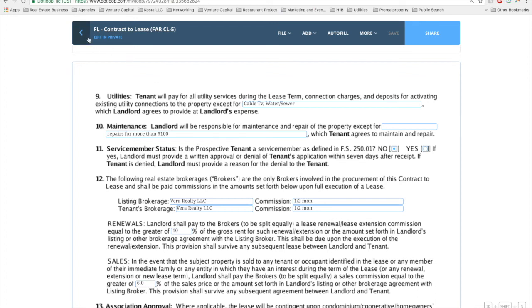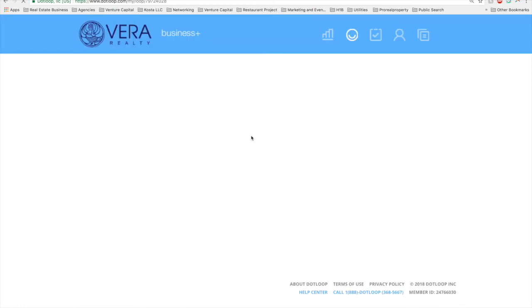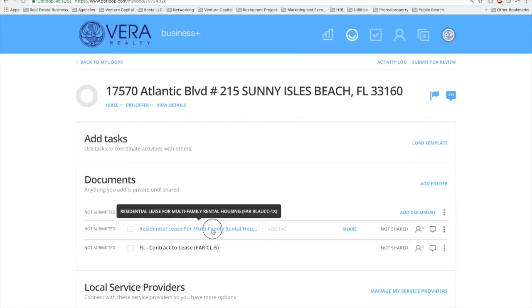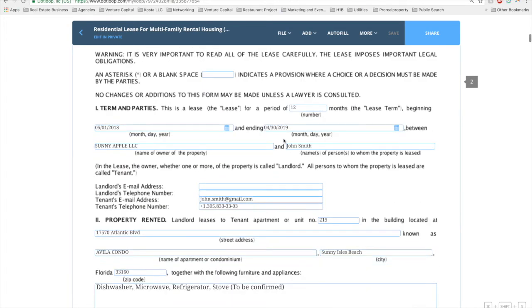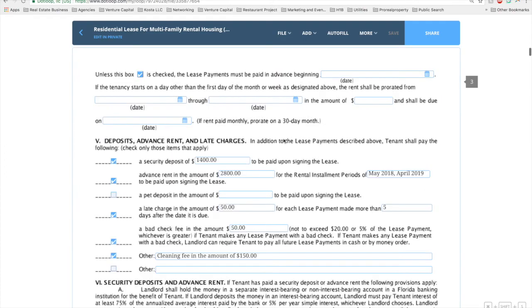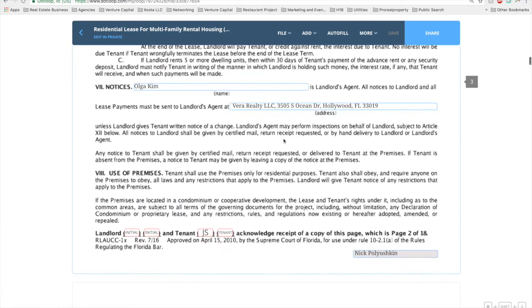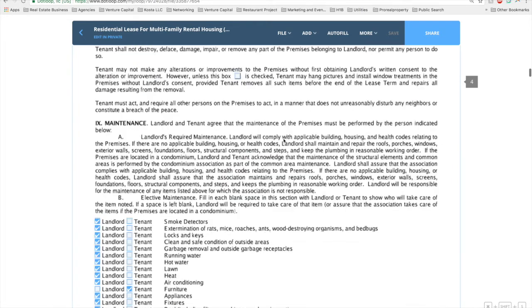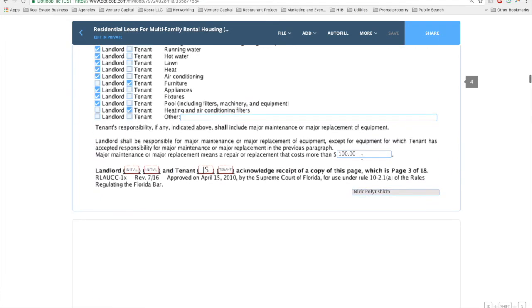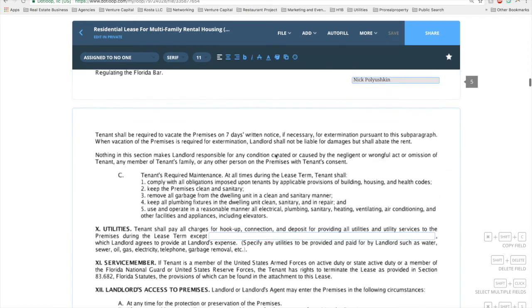So everything more than $100, landlord will take care of. So now we go back to our full lease agreement. So we have $100 here as well.